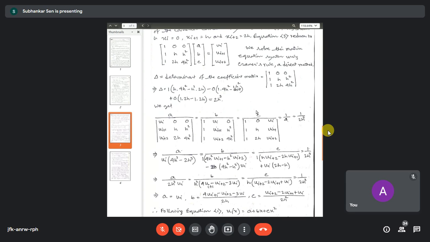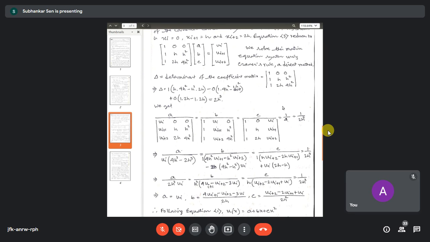So when you go for the first unknown A, the first column we substitute by the right hand side. So these quantities are written in the right hand side. And for the second unknown, the second column will be modified. So the second column is substituted by this right hand side, and the same for C, we substitute the third column.